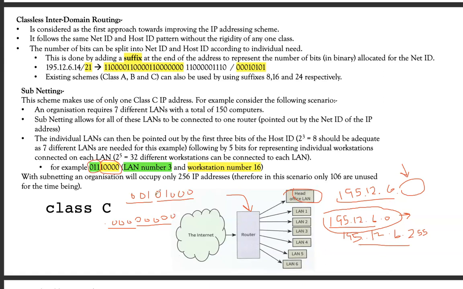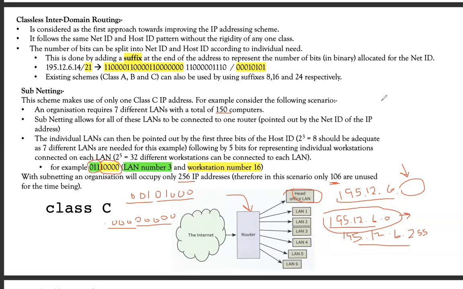Now, in this example, we are still wasting 106 IP addresses because this approach allows me 256 IP addresses and I only need 150. But that's okay.